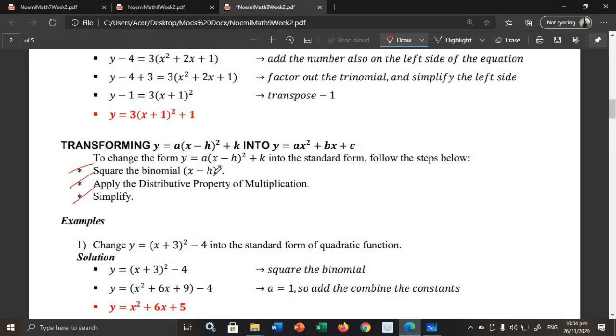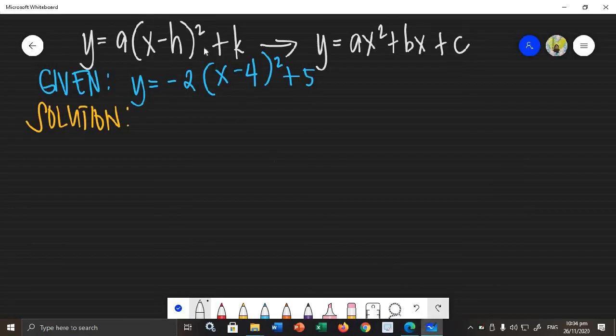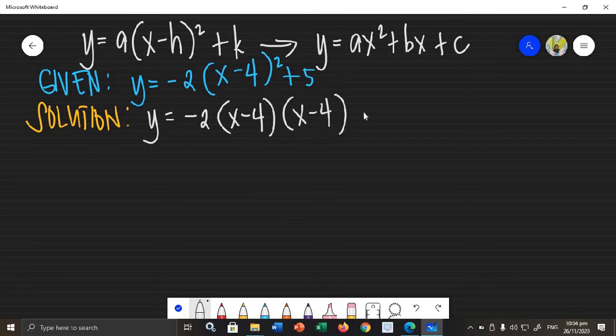So, again, the first step is we need to square the binomial. Okay, so it will become y is equal to negative 2. And then, we need to expand this. No, kasi gagamitin natin is FOIL method. So, x minus 4, and then, x minus 4, and then we have plus 5.